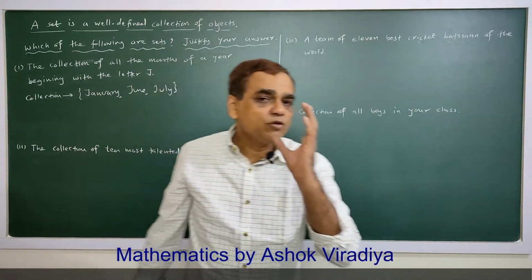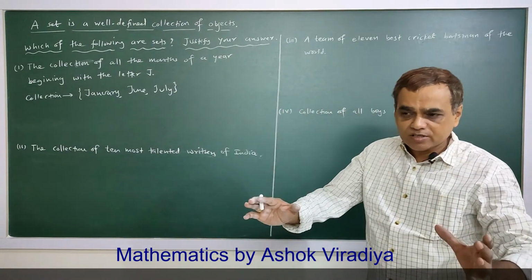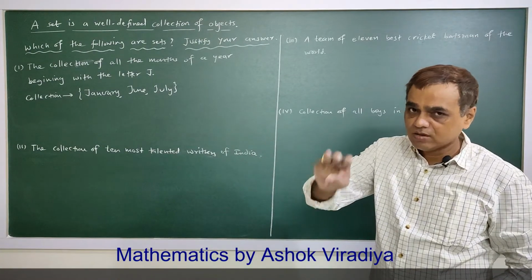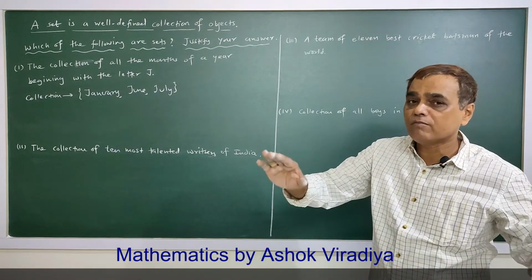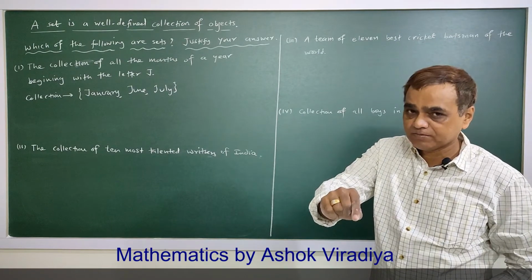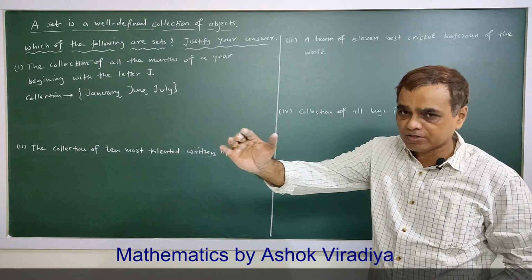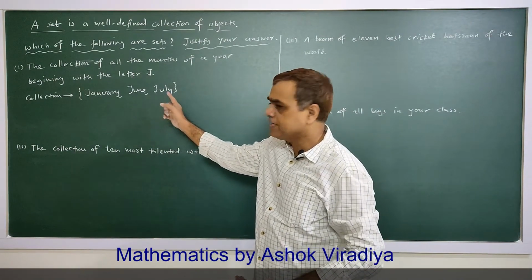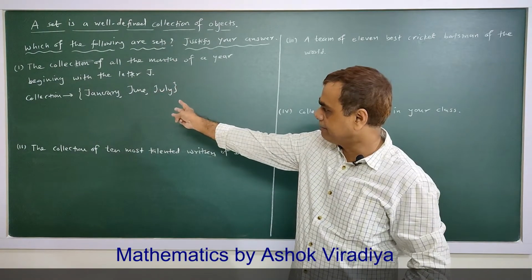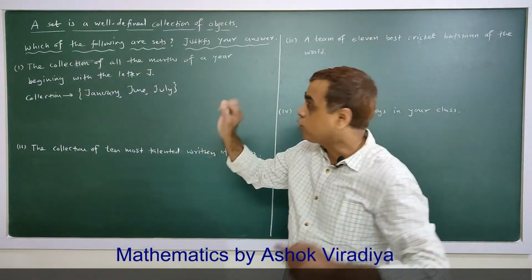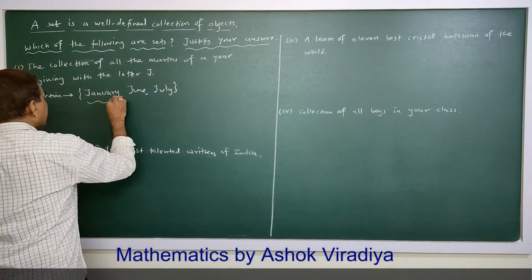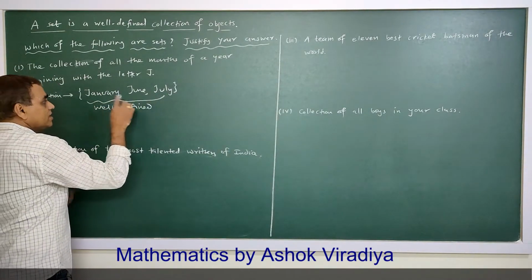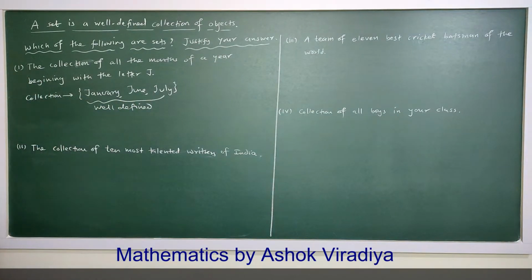Now if you ask any person in the world to give all the names of months beginning with J, the answer will be fixed from person to person. No change in this answer. Everyone will speak only these 3 names. So it means it is a well-defined collection, so it is a set.